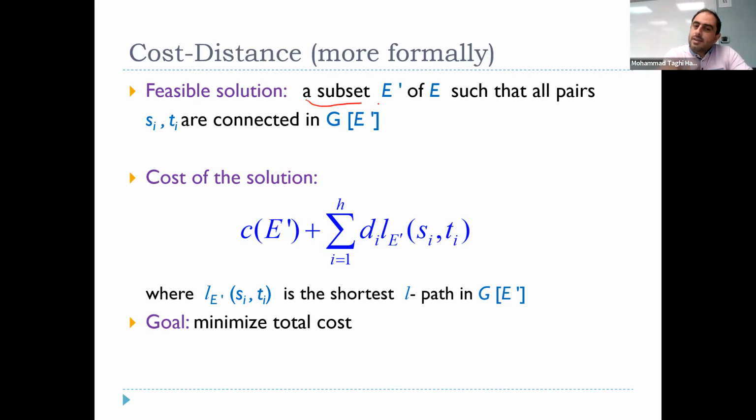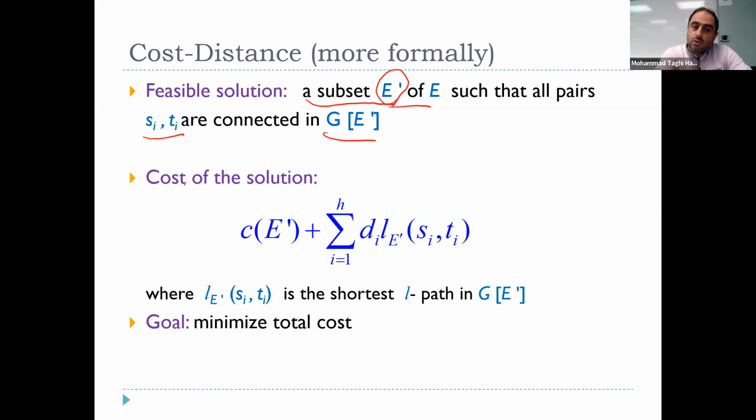You are given a set E prime of E such that all pairs S, T are connected in G of E prime. So you want to select a subset E prime of all edges, and for each of these edges we have this function.